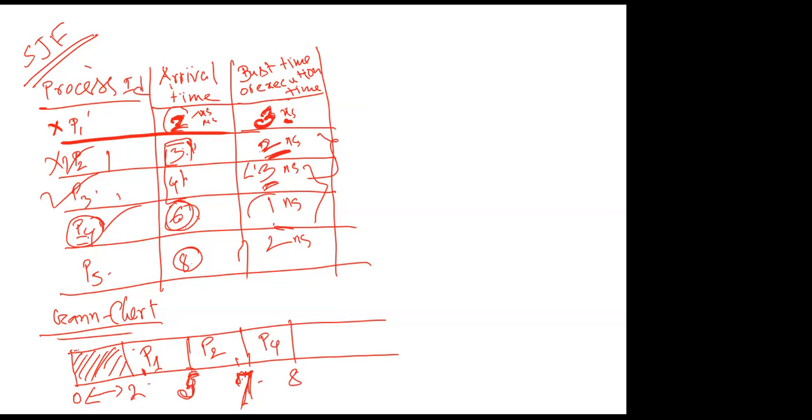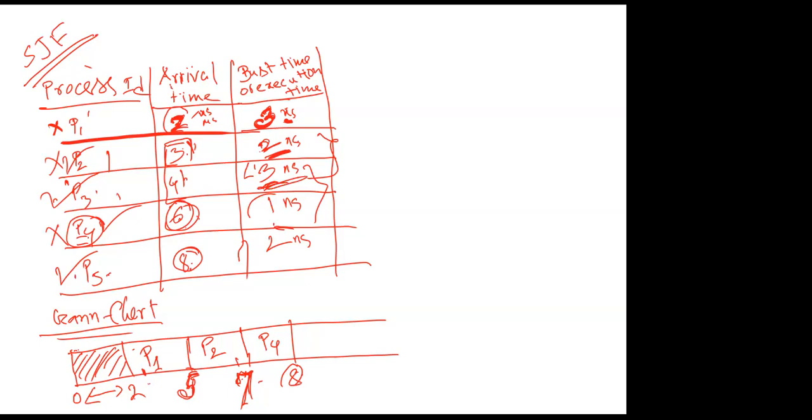So how many processes are now inside the RAM? This one completes, and process P5 arrives at time unit 8. Now the clock time is 8, so processes P3 and P5 are currently inside the RAM. From these, which process will get the priority to execute?